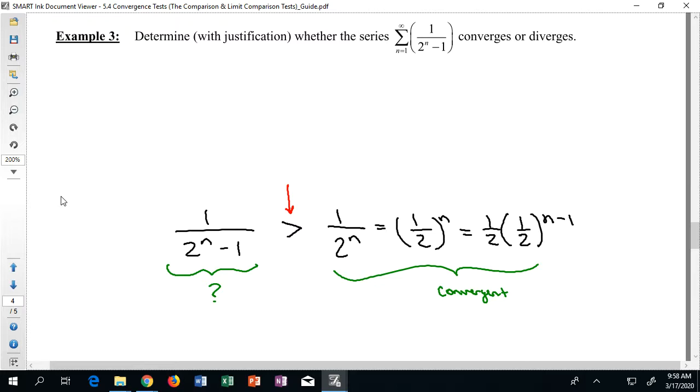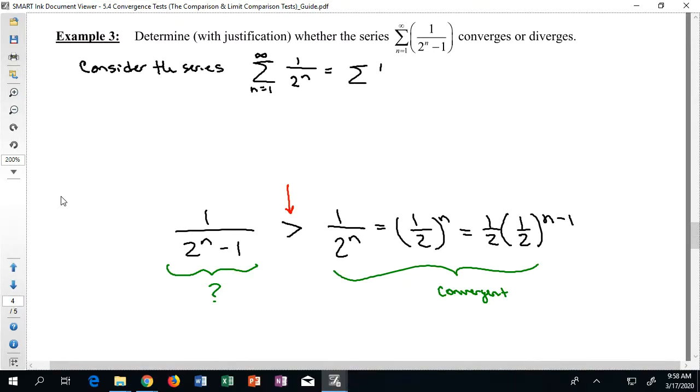I can go ahead and state the following. I'll erase the work below in just a moment. So I'll start up here by just saying, consider the series 1 over 2 to the n.